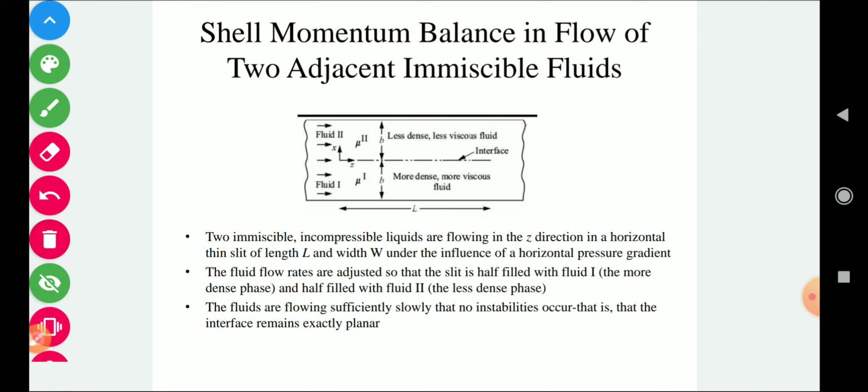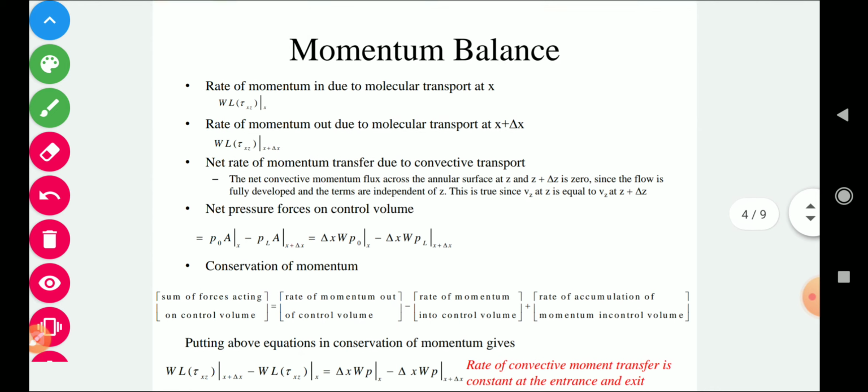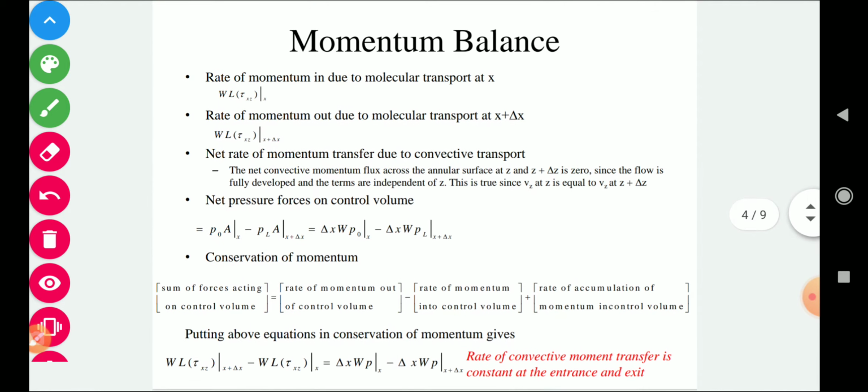So this area will be equal to length L and width W. So effective area will be equal to W into L, and momentum will be equal to W into L into tau xz, and this is the rate of momentum in due to molecular transport at x.